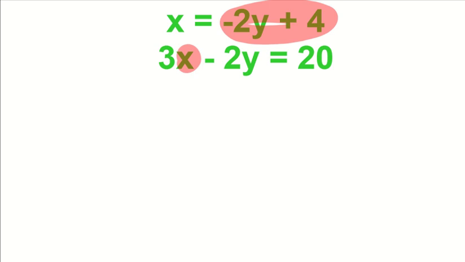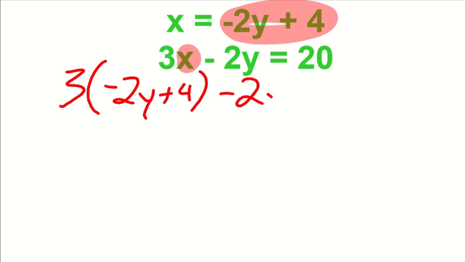We're going to substitute for x, okay? So 3 times -2y plus 4 minus 2y equals 20. Everybody with me on that? So if it's x equals, I substitute for x. If it's y equals, I substitute for y. All right? Then we solve it just like we would normally.